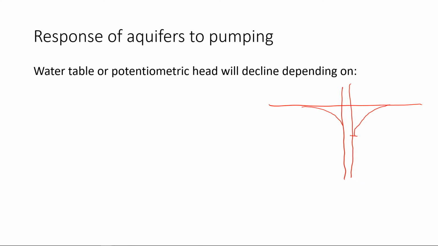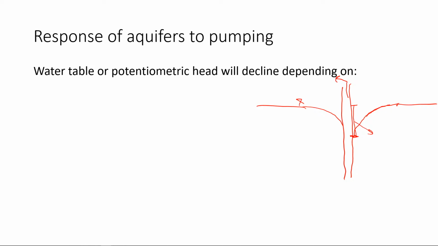From here to here, that's called the drawdown. The highest drawdown will be closer to the well, and it gets smaller and smaller as you go away from where you are pumping. So that's your water table after pumping.